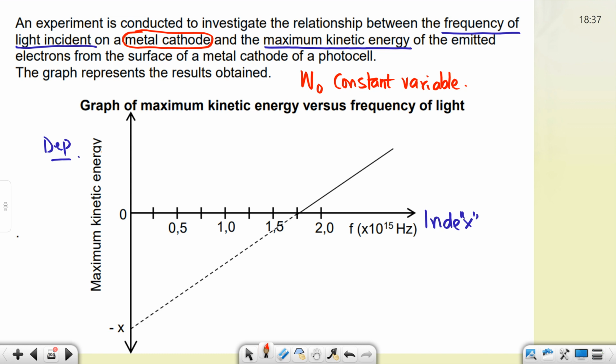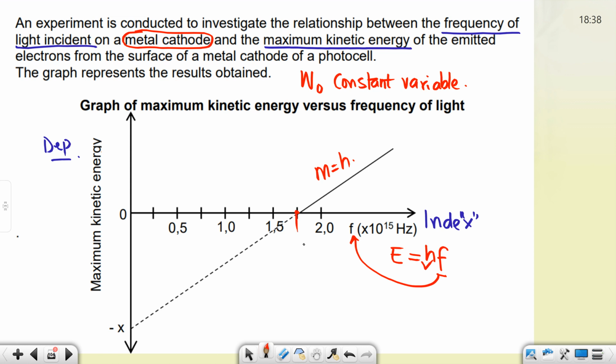So take note of how we have quickly interpreted a lot of information from just reading. Very important. And for those of you that have been with me, you know that we have done a lot on this graph. I'm just quickly going to guide you through. Here, my gradient is h. How do I quickly know? This is what I'm quickly going to check. E equals hf. That is my frequency. That will serve as my gradient.